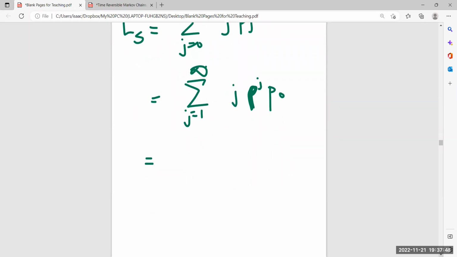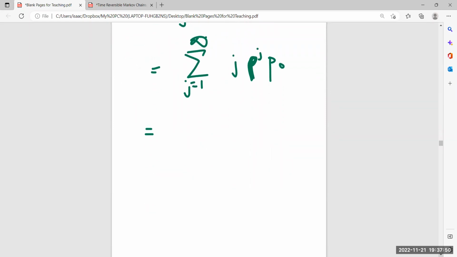So I could take off a P0. I could take off rho. And then I'll have j equal to 1 to infinity, right?